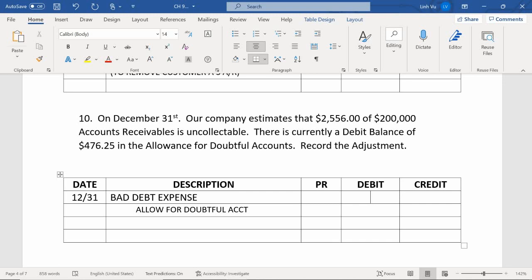So in this case, the rule is if there's a debit, you add the amounts together. If it's a credit, you subtract. So in this case, yes, you do add the $476.25 to the $2,556. So in this case, what is my total amount that I'm going to debit?